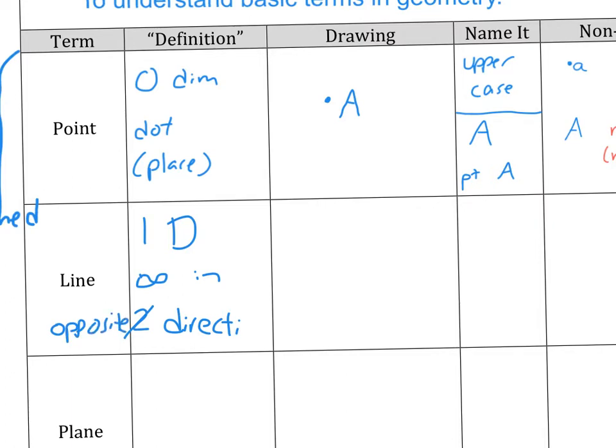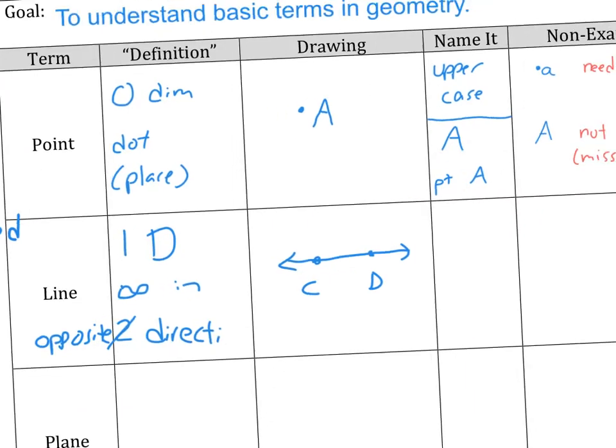All right. So a drawing can be like this. Like so. And I do need at least 2 letters in there to give it a name. When we talk about postulates, we'll see why in a little bit.